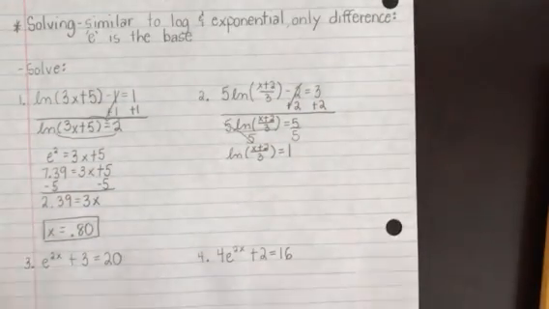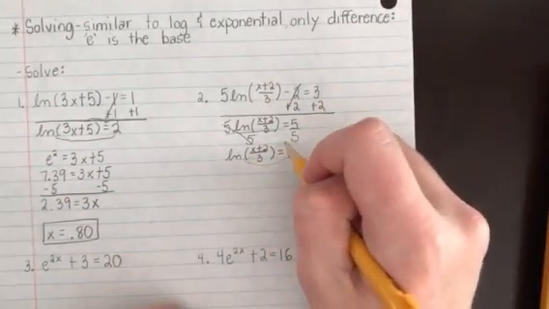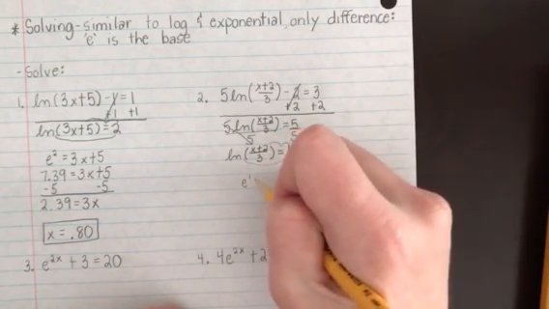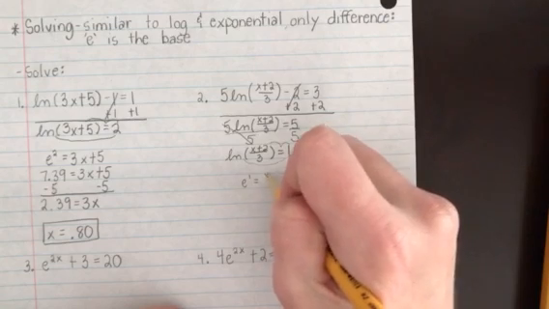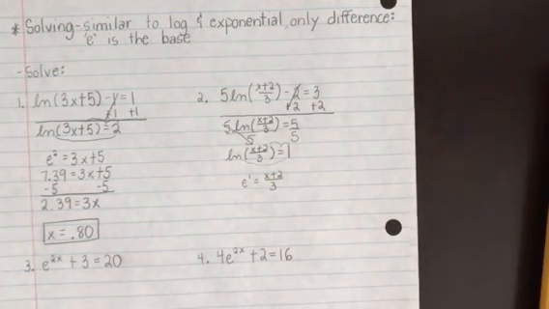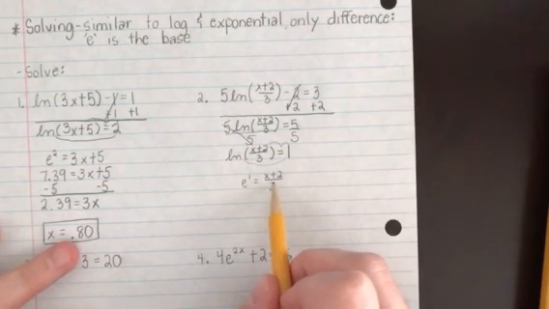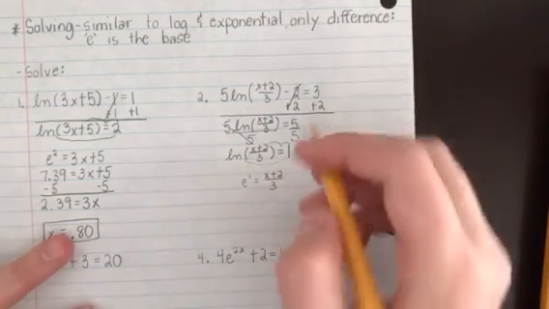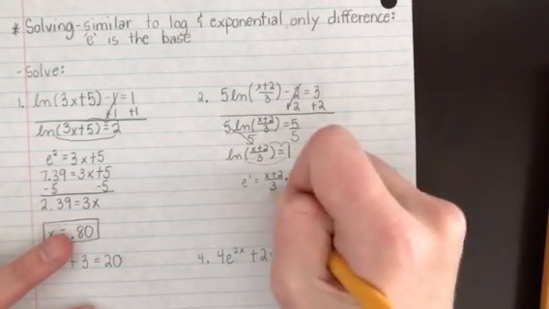Now that the natural log is by itself, I can convert. So e to the first power equals x plus 2 divided by 3. To get rid of the divide by 3, I'm going to multiply both sides by 3.